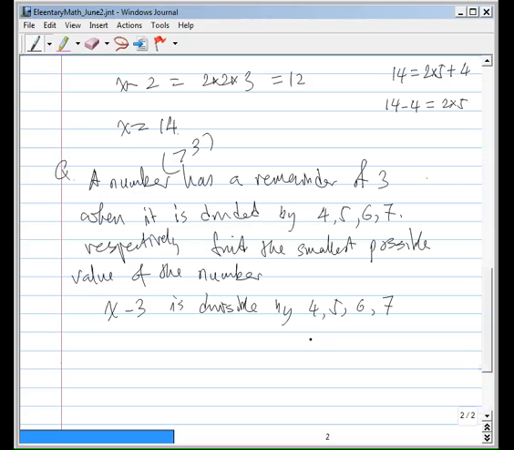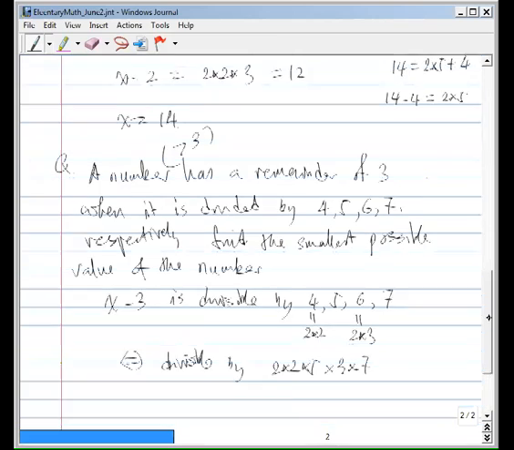But 4, 5, 6, and 7, you know that they have common factors. 4 is 2 times 2, 6 is 2 times 3. So this number should be divisible by at least 2 times 2, and you already have a 2 there, so you don't need another 2. So 2 times 2 times 5 times 3 times 7.